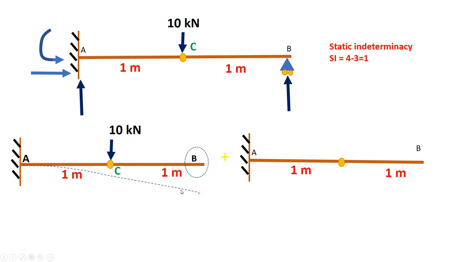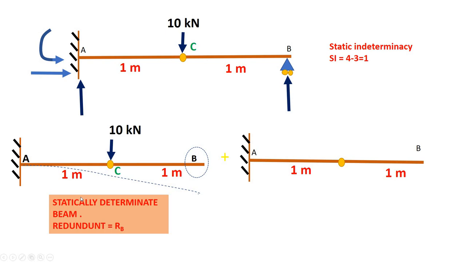And what about the deflected shape of this beam? It is like this. Now wherever the redundant is applied, you have to apply a unit action, so I have applied a unit action here as RB.